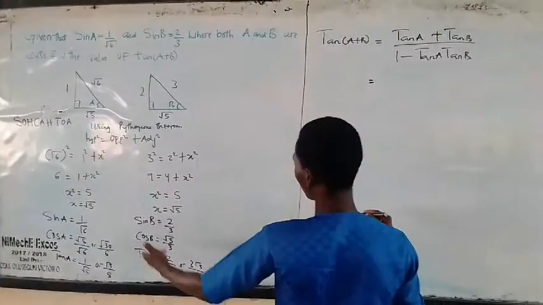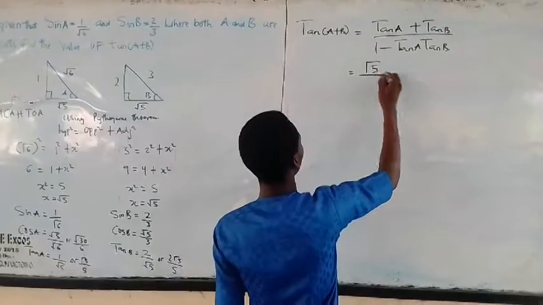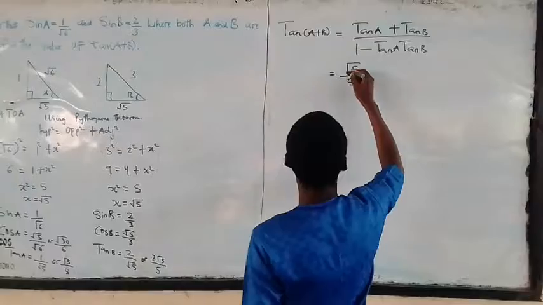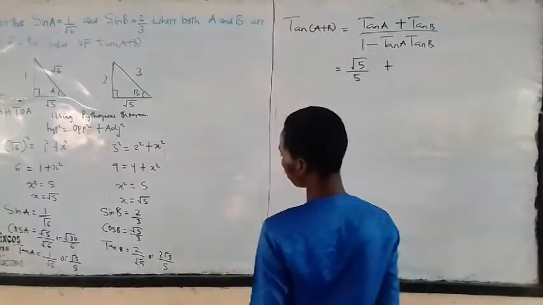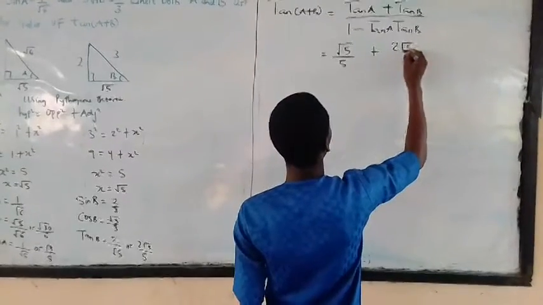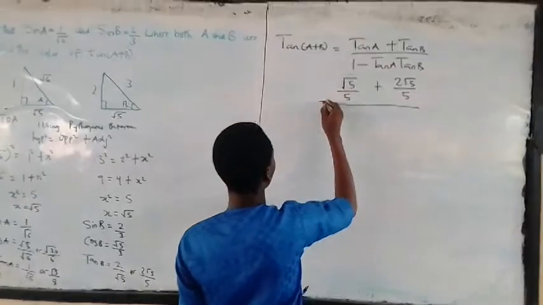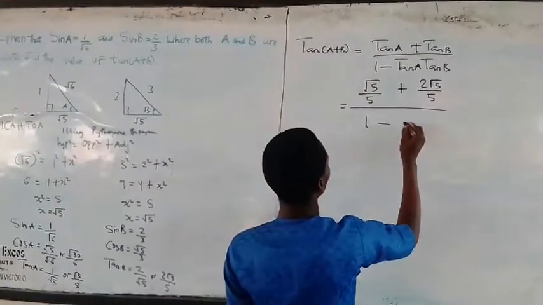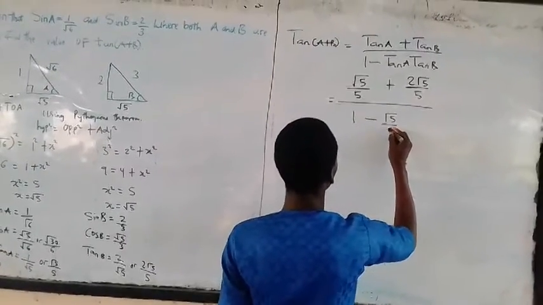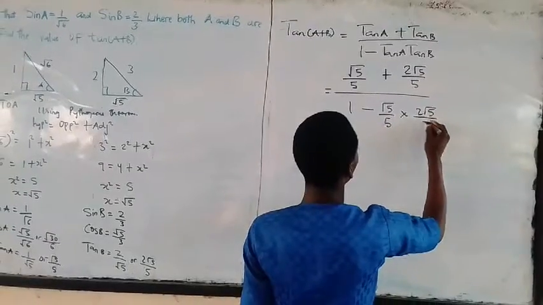Our tan A is given as root 5 over 5, while our tan B can be written as 2 root 5 all over 5, all over 1 minus the product of tan A and tan B, root 5 over 5 times 2 root 5 over 5.